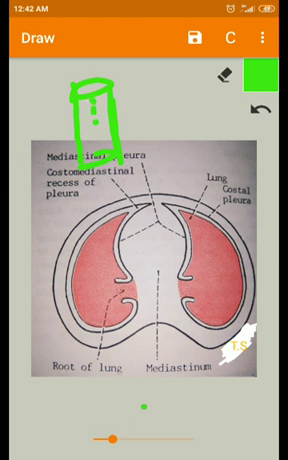So the needle should not pass at the upper part; it has to be sent in the lower part to avoid injury to the neurovascular bundle. So this is the applied anatomy: aspiration of fluid from the pleural cavity is called paracentesis thoracis.